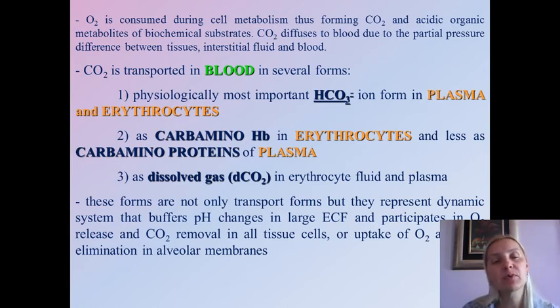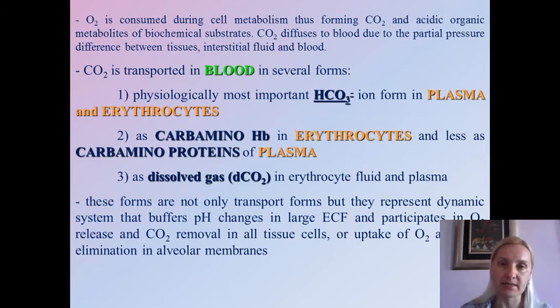It can be transported in the form of carbaminohemoglobin, like we mentioned, in erythrocytes, but certain smaller quantities can be transported in the form of carbaminoproteins of plasma proteins. And of course, like oxygen, a certain small quantity can be transported as dissolved gas in erythrocyte fluid and blood plasma.